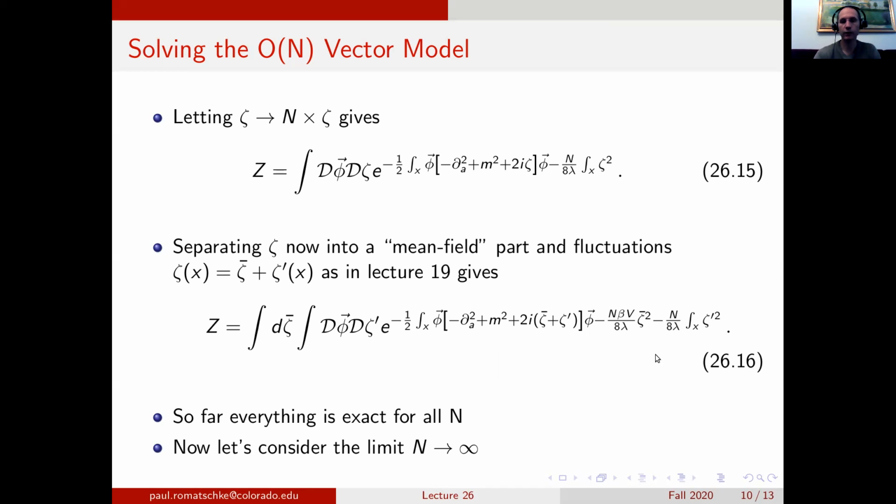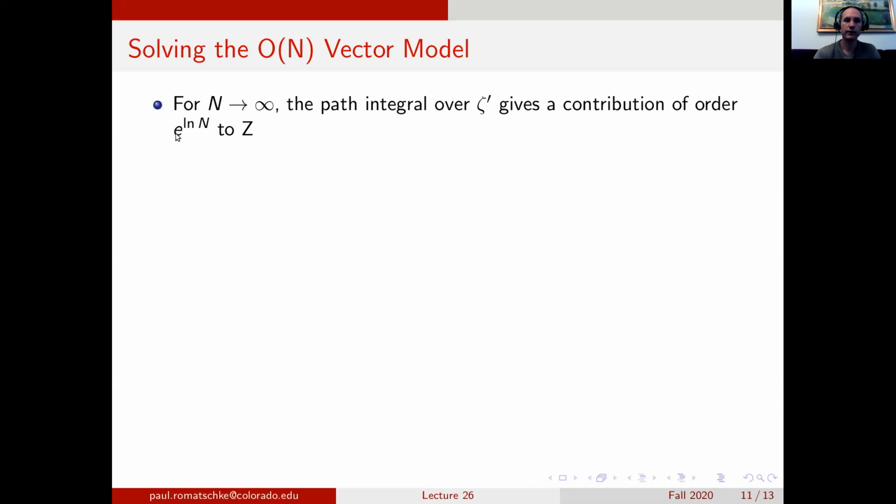So we'll get that down in the usual integrand, not up in the exponent. That means we get something that is order n. Order n is the same as e to the log n. That's the contribution from the integration over sigma prime.